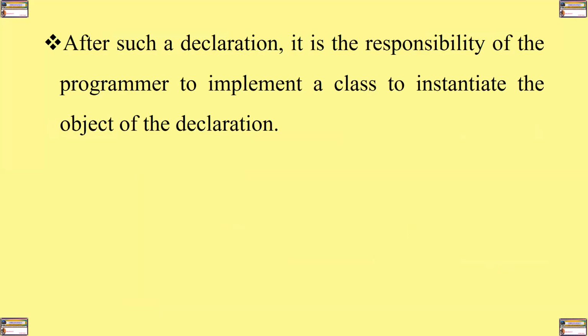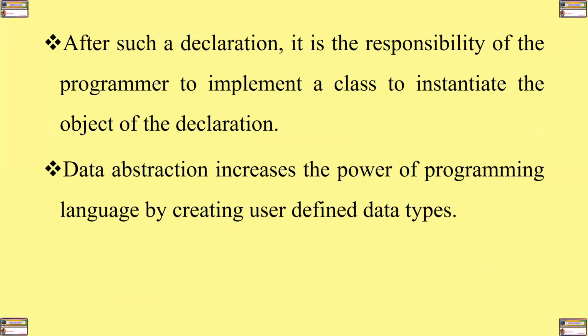After such a declaration, it is the responsibility of the programmer to implement a class to instantiate the object of the declaration. Data abstraction increases the power of programming language by creating user-defined data types.